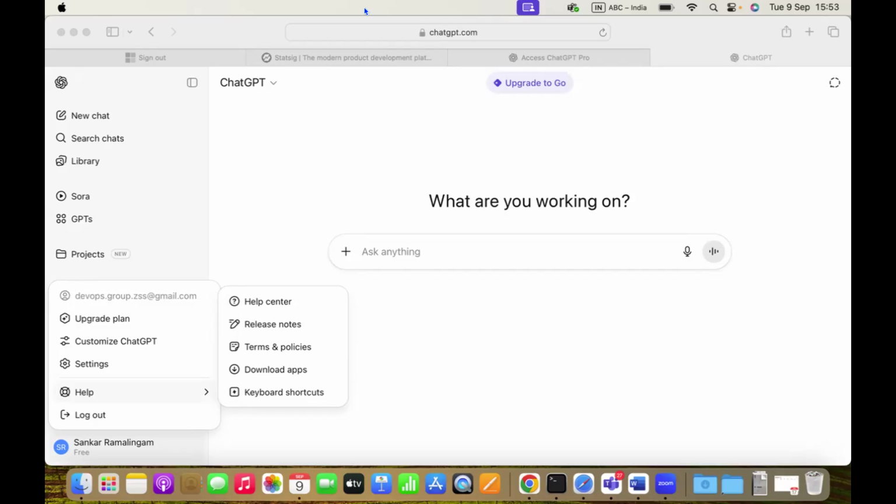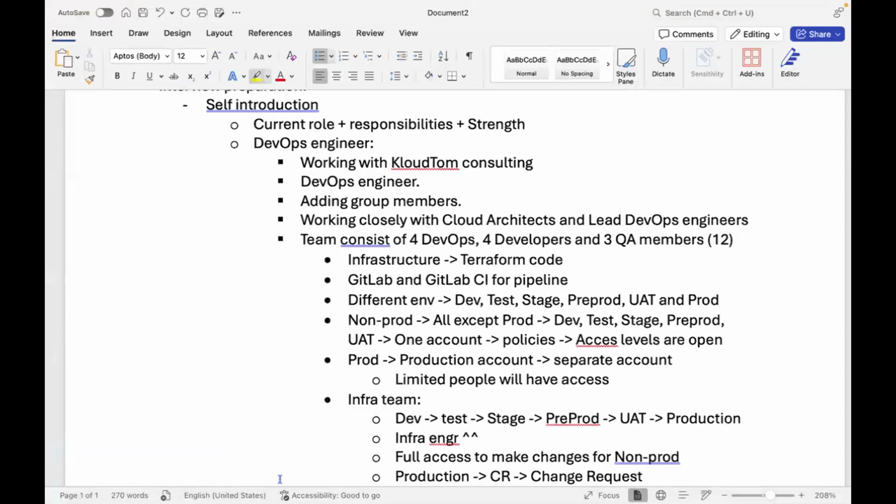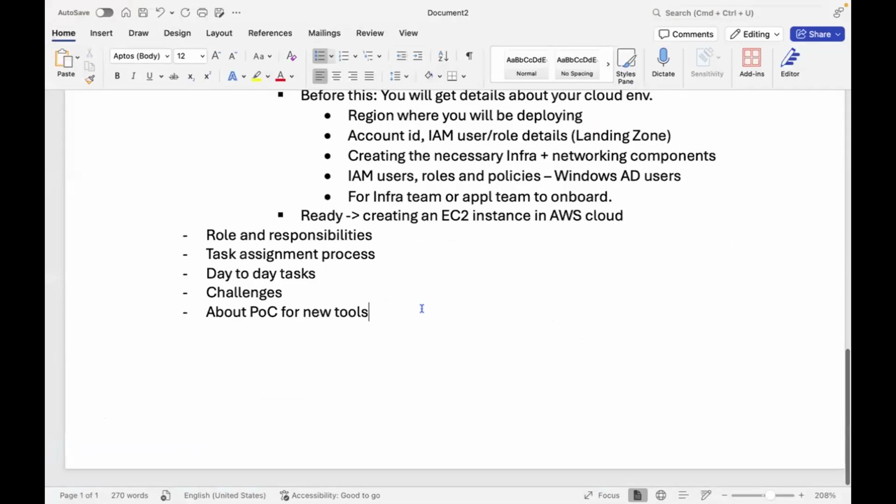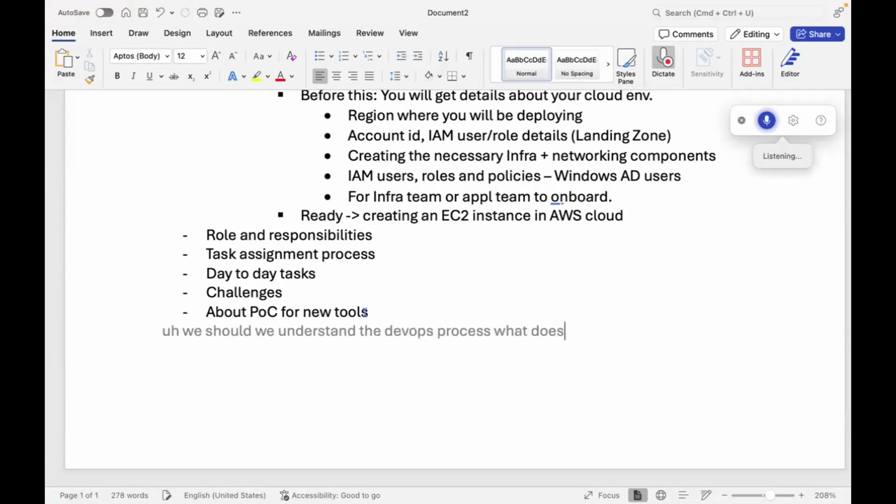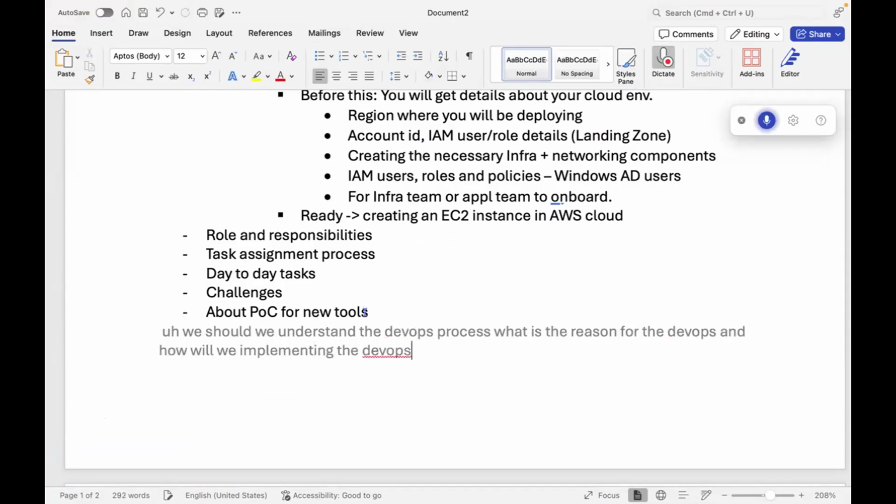Yes, sir. I started my career in internship in DevOps at CloudTom Consulting, and I was given training on GitLab, AWS, and Terraform. Initially, we understood the DevOps process: what is the reason for DevOps, how we implement DevOps, and why DevOps is required.